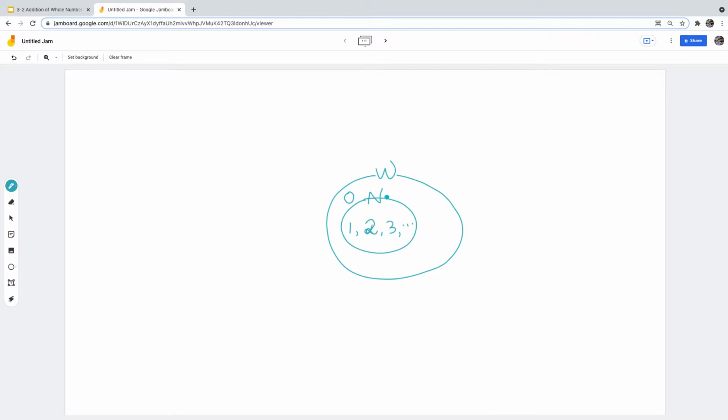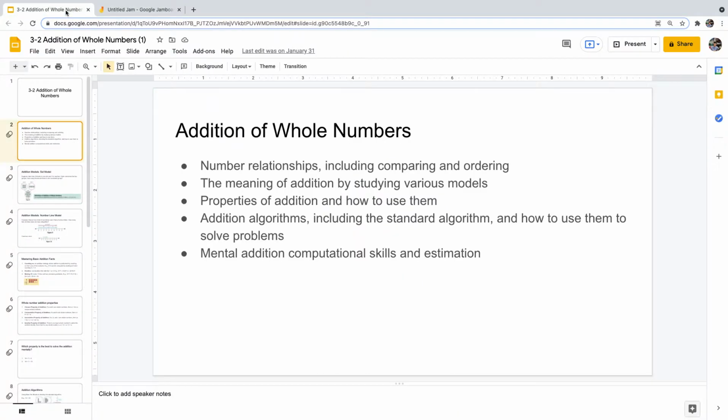As you can see in the Venn diagram here, natural numbers are a subset of whole numbers, right? We're gonna increase this along the way. But we're gonna start from these whole numbers: 0, 1, 2, 3, 4, 5, 6, 7, 8, 9, 10, and so on.